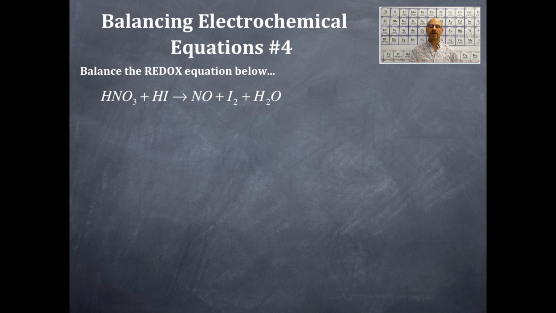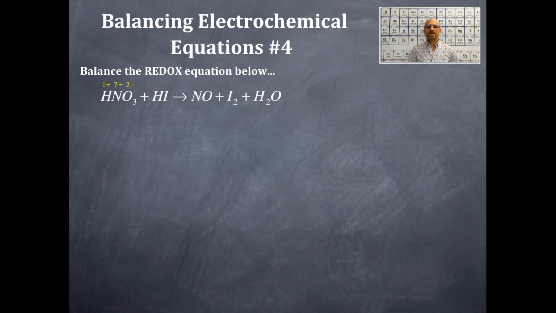So the first thing that we need to do, just like in any balancing equation, is write down what the oxidation numbers are for every single element. Hydrogens are +1, oxygens are -2, and based on those we can derive the oxidation number for nitrogen in HNO3, which would be a +5.